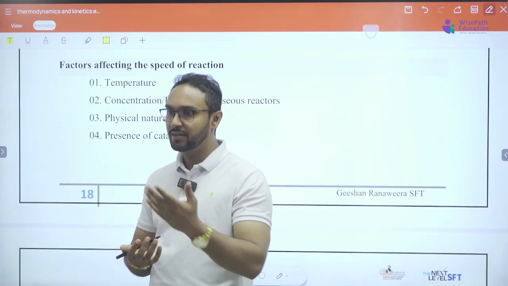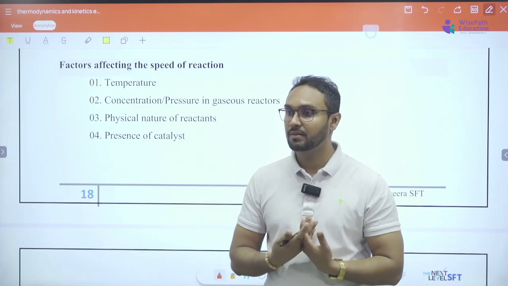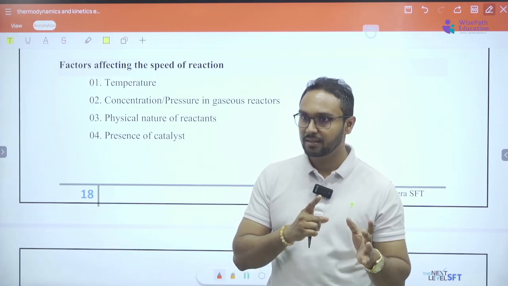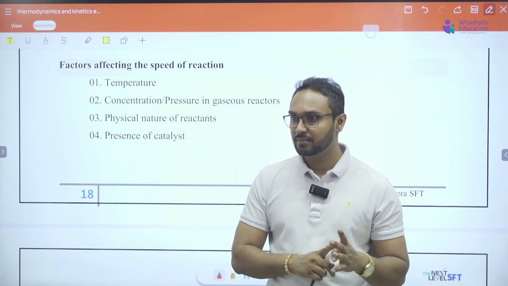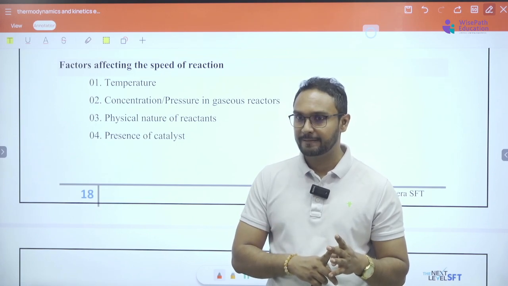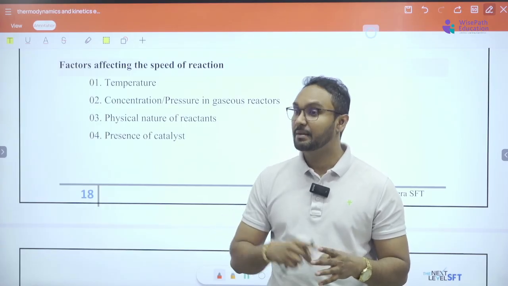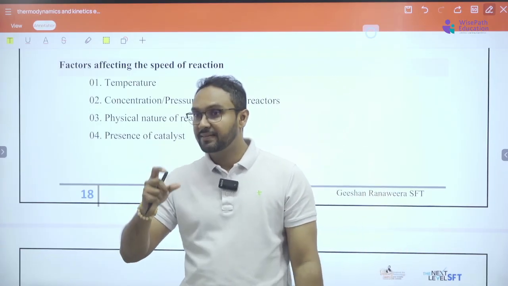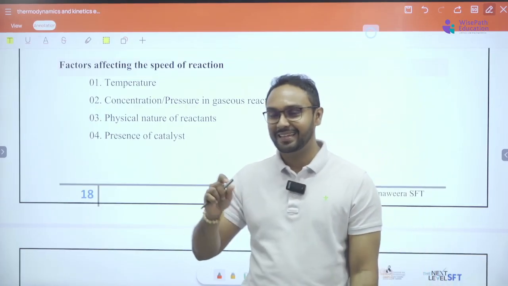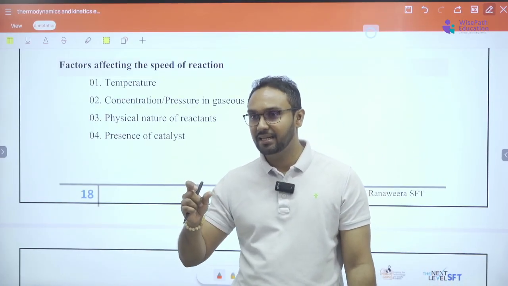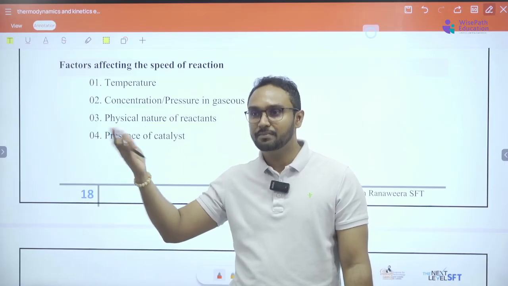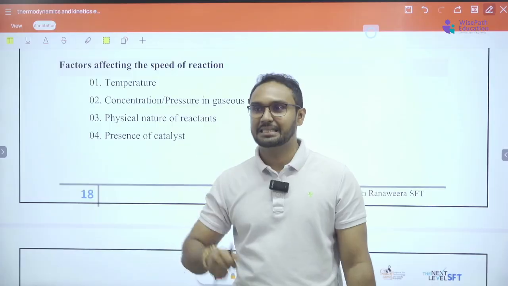There's another effect of temperature. One is that the number of collisions is increasing. What is the other? When the temperature increases, the fraction of molecules that exceed the activation energy barrier is increased.